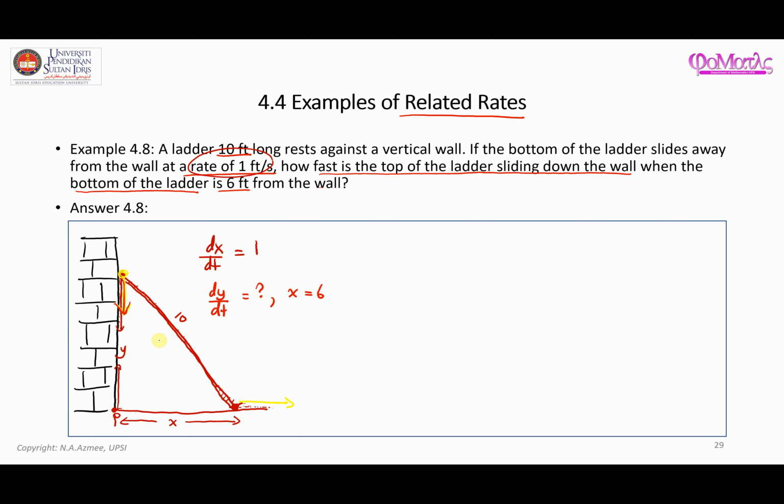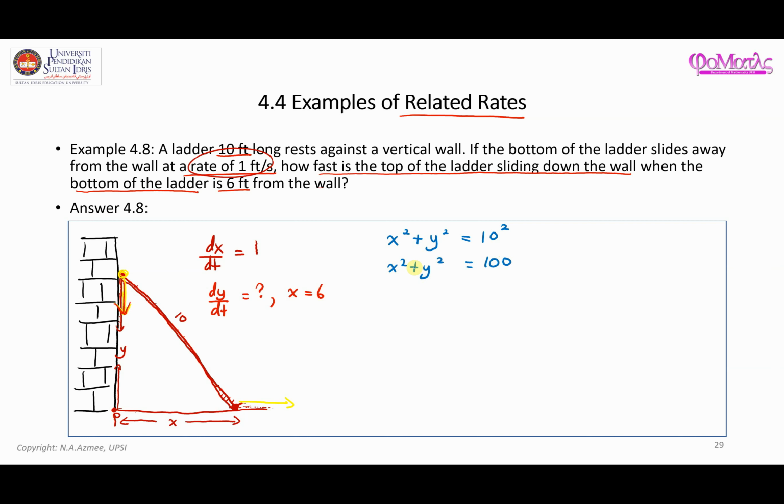It is obvious that this is a right-angled triangle, and due to the Pythagorean theorem, we can construct an equation: x squared plus y squared must be equal to 10 squared, which is 100. Here we have to differentiate the left-hand side and the right-hand side.